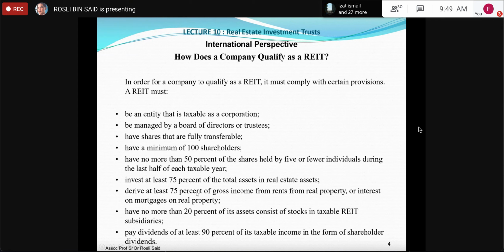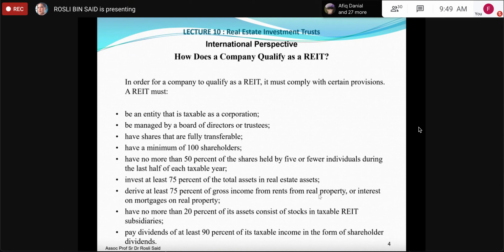So basically the REIT company must derive 75% of gross income from rents obtained from real estate. That means, basically, they have property.